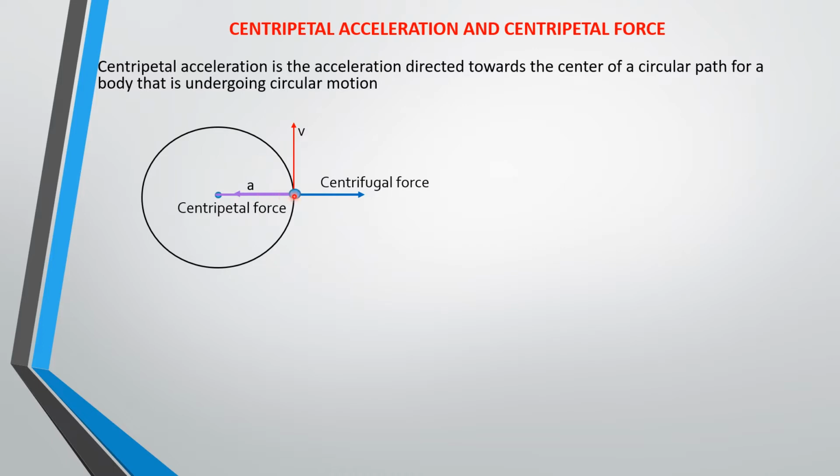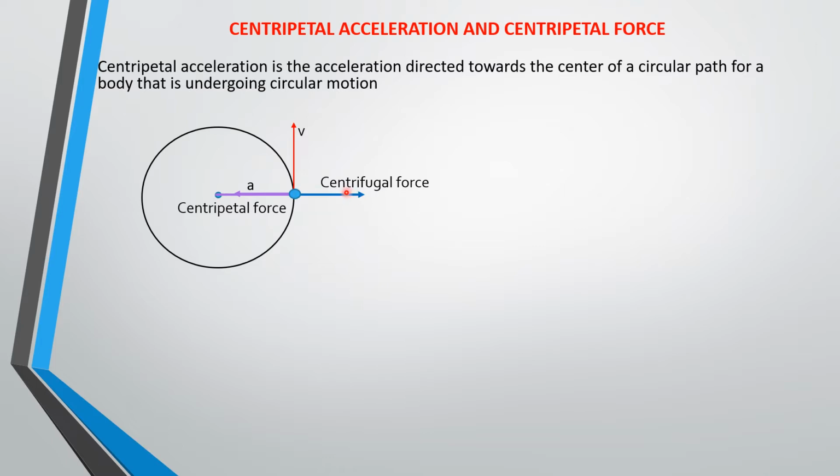This is the force that acts on this body and it is directed inward. While the centrifugal force is the force that is opposite to the centripetal force and it is directed outward. That is what this arrow indicates. This is centrifugal force. It is the force that is acting on a body that is describing a circular motion and it is directed outward.